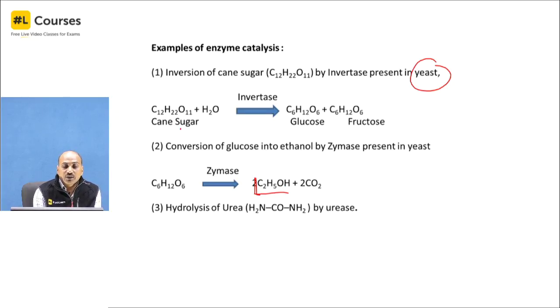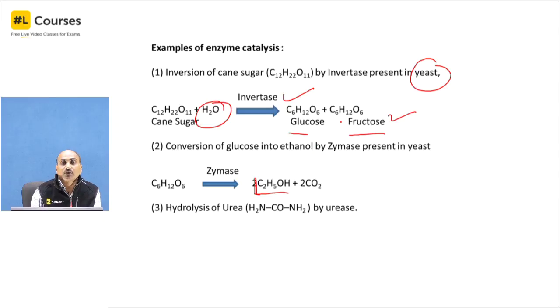Cane sugar, C12H22O11, undergoes hydrolysis with the help of the first enzyme, invertase. This invertase breaks this disaccharide into two monosaccharides, one glucose and the other fructose.